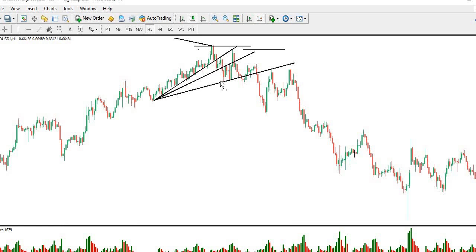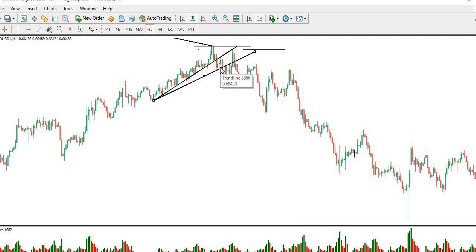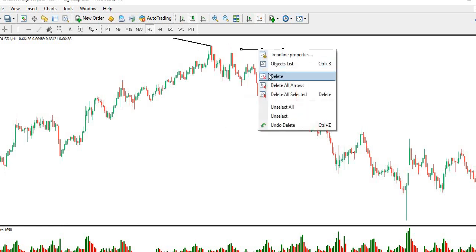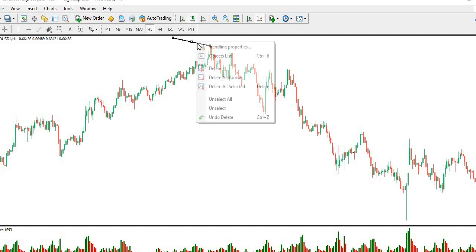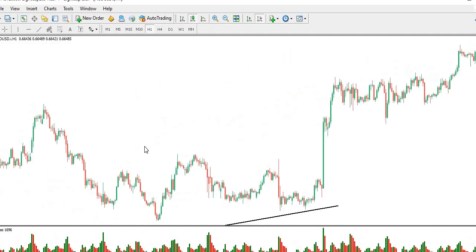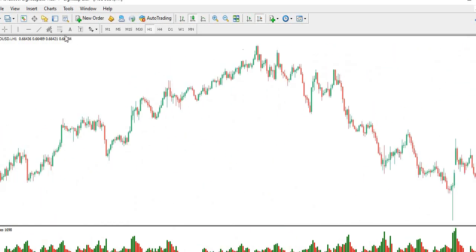First of all, let me clear these trend lines to help you better understand the topic. So as I showed you, the market was in a clear uptrend, we choose this point to draw the first trend line.